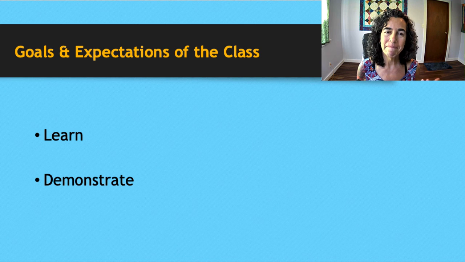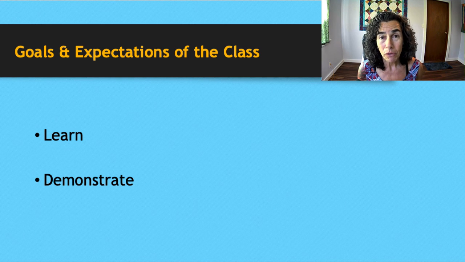So, class info. Two expectations in the class. One is that you show up ready to learn, even if research is a little intimidating to you, or you find yourself uninterested in it, or you just think to yourself, I just want to be a practitioner. I don't even care about research.